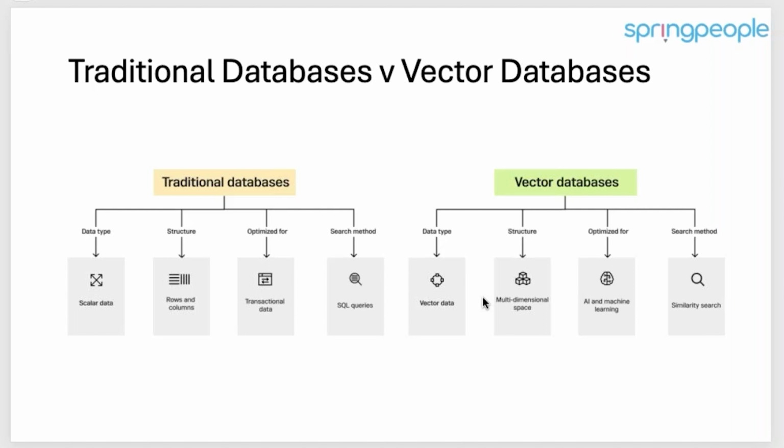So be it your text or image or documents, video, audio, they're tokenized, vectorized, and then you store it in a database. So that's the big change that happens when you're working with vector databases.